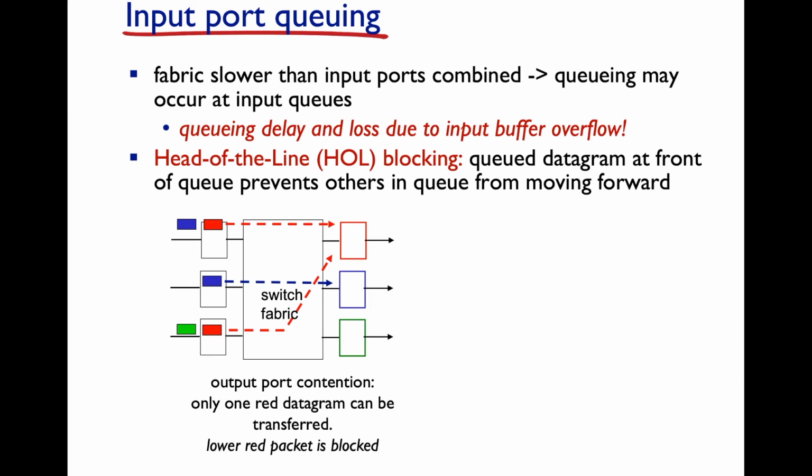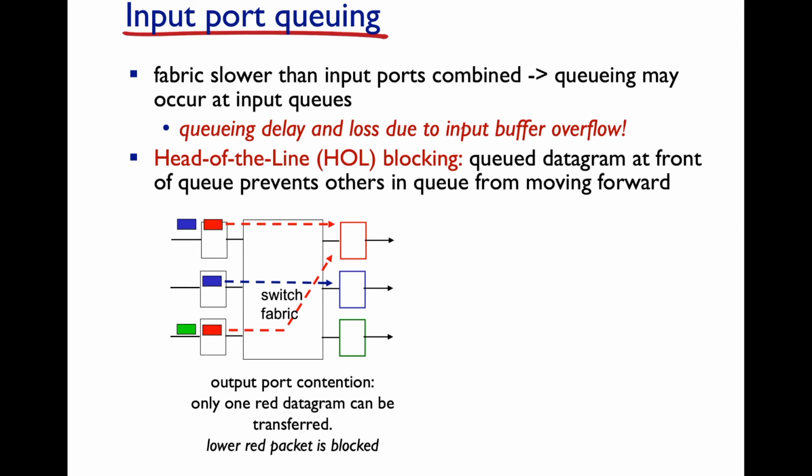And head of line blocking can occur for a number of reasons, but this is a particularly interesting one. Suppose in the center input port we have this blue packet, and it wants to get switched to this blue output port. And then let's say we have this red packet here. It wants to get switched to this upper output port at the same time that this other packet from the top level input port also wants to get switched to that first output port on the right.